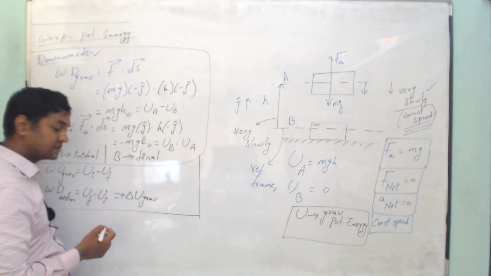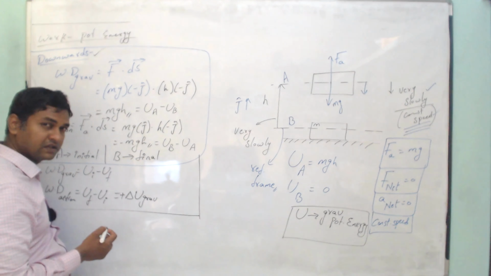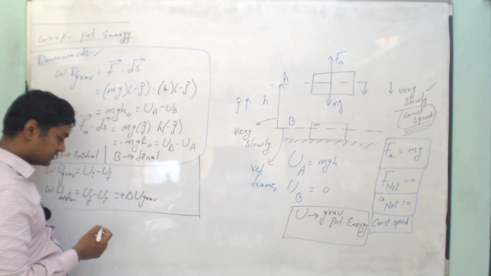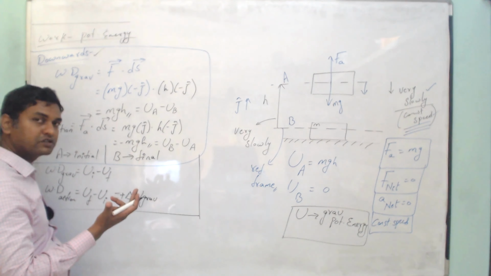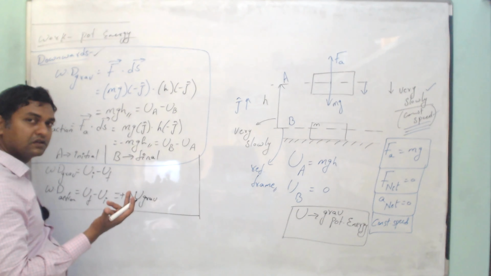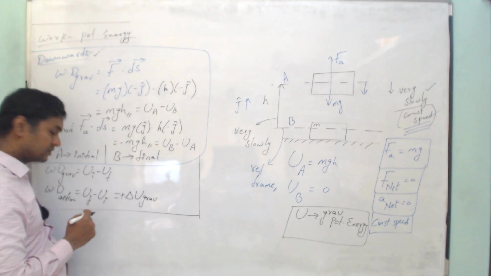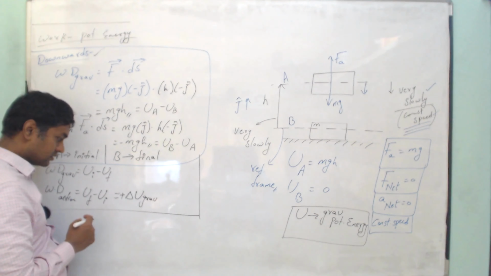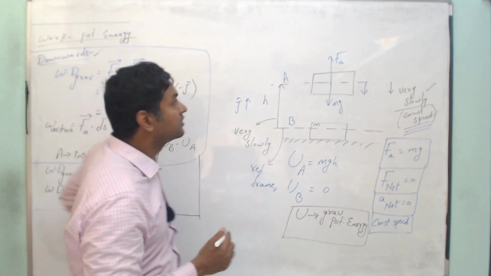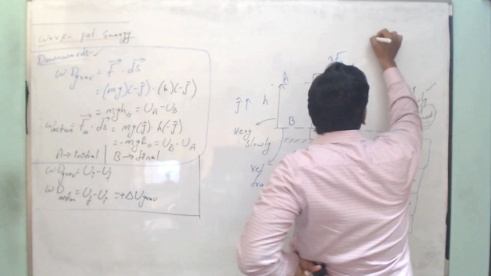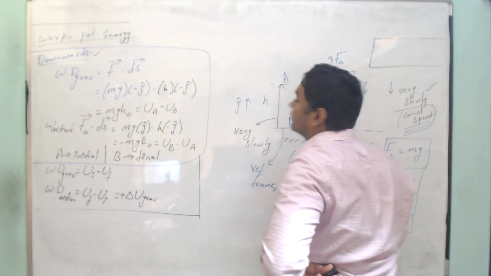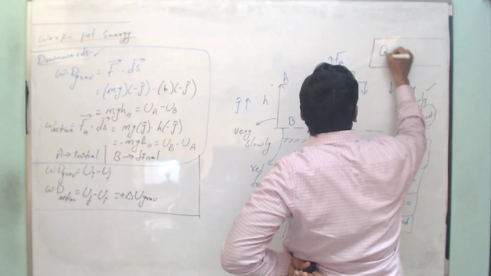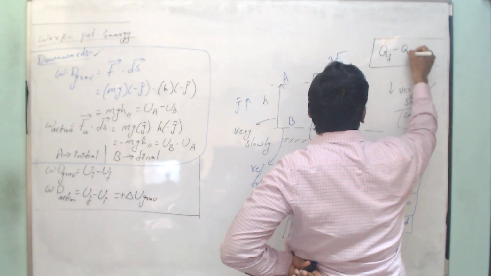Is this clear? Then why is it plus? UF minus UI is the change in gravitational potential energy. It's minus mgh. I am only saying, suppose I have final heat energy minus initial heat energy.